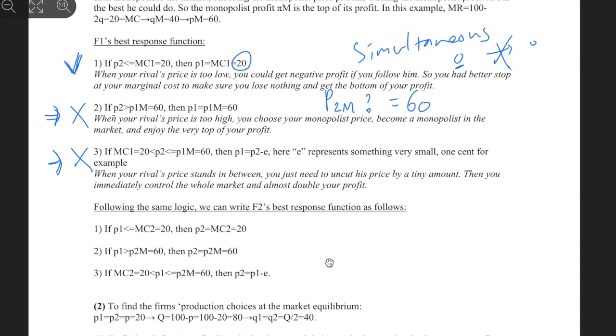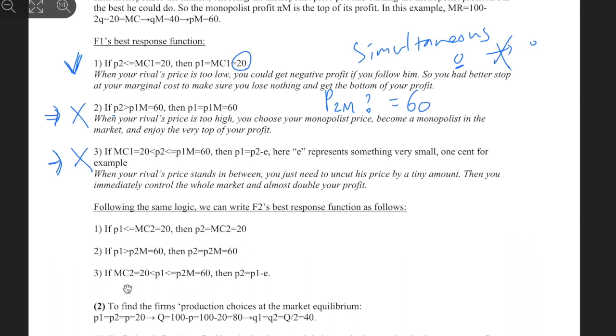Okay. So following the same logic, we can write Farm 2's best response function as follows. Same thing: if P1 is the same or lower than the marginal cost of Farm 2, then P2 should be the marginal cost, right? And if P1 is greater than the monopoly price of Farm 2, then Farm 2 chooses the monopoly price.